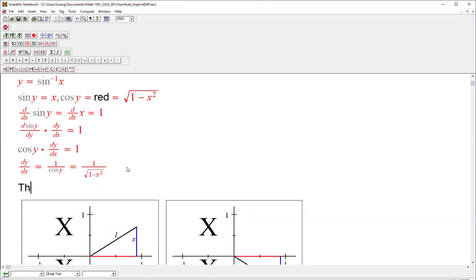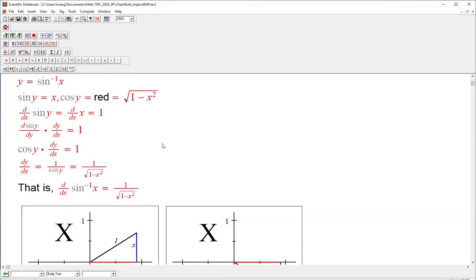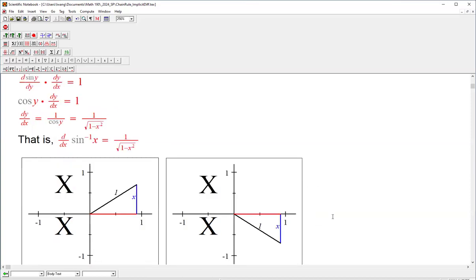That is, the derivative of ArcSine of x is equal to 1 over the square root of 1 minus x squared. Finished, okay? So let's look at the derivative of ArcCosine.